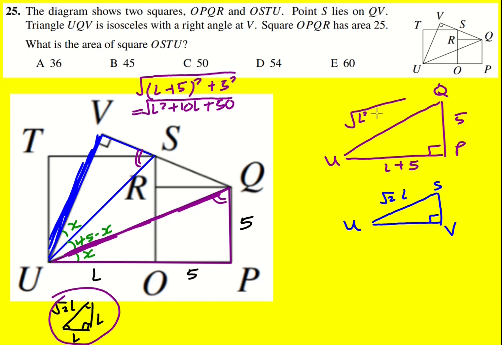That's going to be this length here. And hence that becomes actually this side here. It's the same thing, but I'm dividing by the square root of 2.